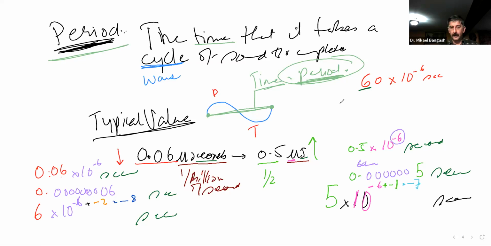In that case, that's going to be 6. Now we had the 10 raised to the power -6, which made it a millionth. But then we just add 1.